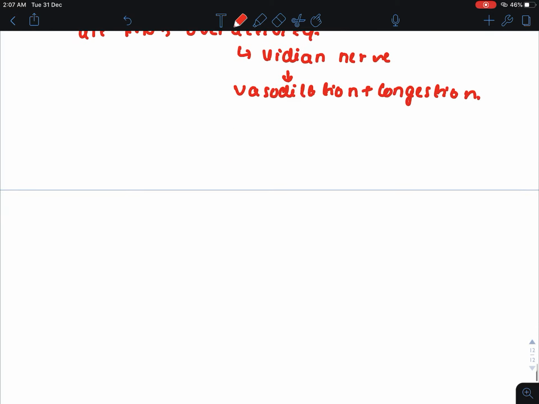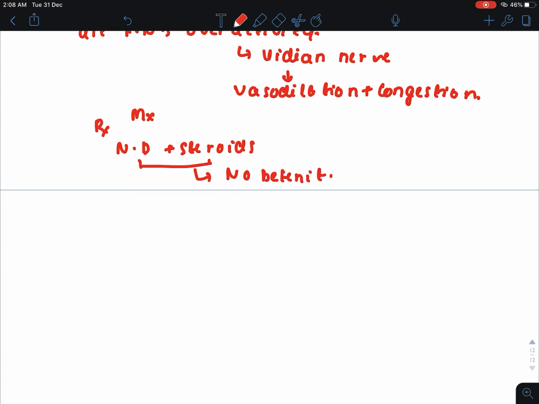So the medical management: we give nasal decongestants, but remember nasal decongestants are given for less than 7 days, plus we give steroids. If no benefit occurs after giving these, then we proceed to surgical management.